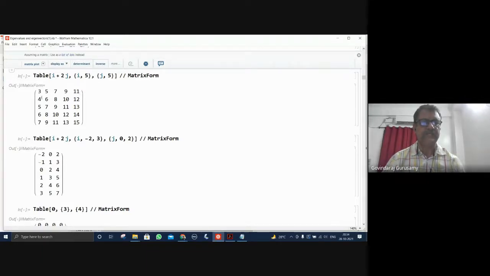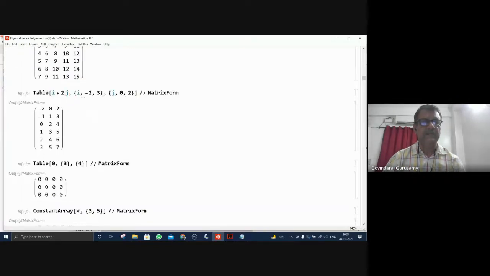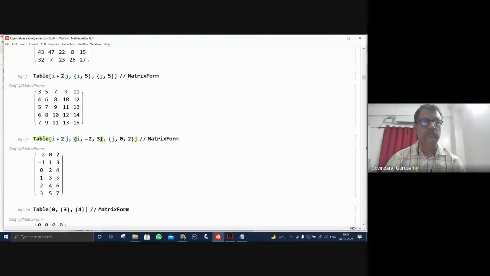Then next 4, 5, 6, 7, then 5, 6, 7, 8, 9, because of this i plus 2j variation. Similarly, here you can go ahead with minus 2 to 3, j 0 to 2, and i plus 2j, which is similar, but the i and j ranges are different.